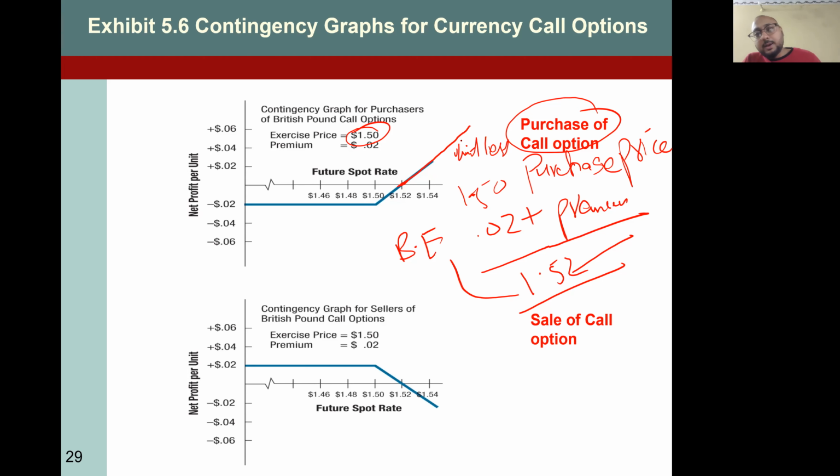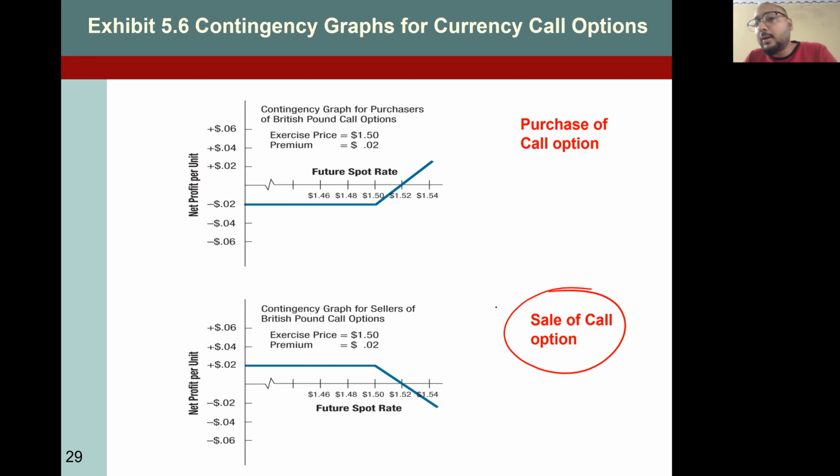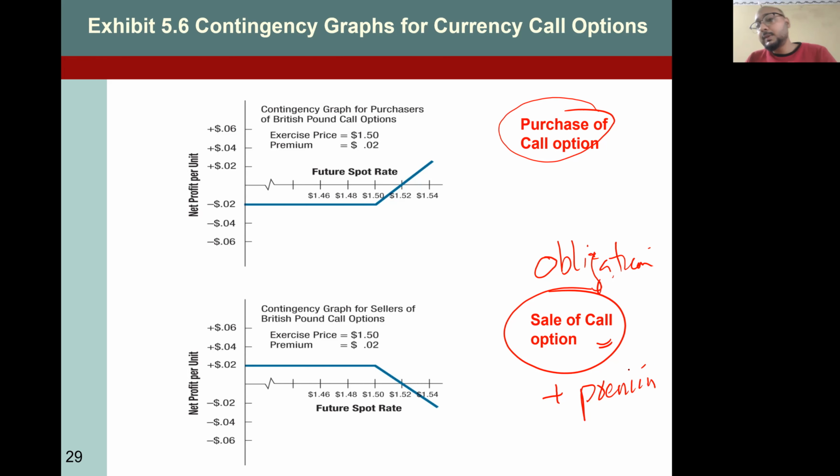Now, opposite to that, the seller of the call option. The seller will sell because there is an obligation, because this is an option contract. The person who buys the option will pay the premium, and the person who sells the call option will receive the premium. So the seller will receive the premium plus the contract price. The contract price is the exercise price, 1.50.